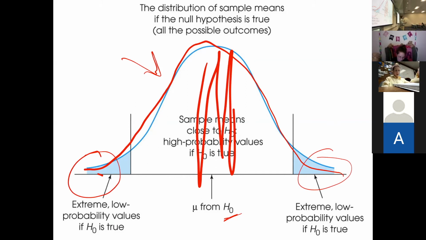These tail areas are low probability events. It still could happen. You could get a sample mean that is in fact out here in the tail. But it's very unlikely given that population.